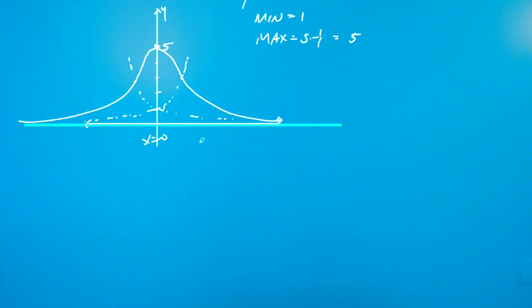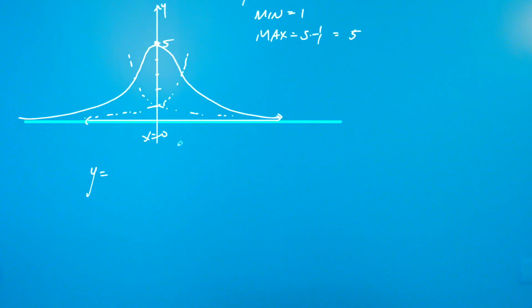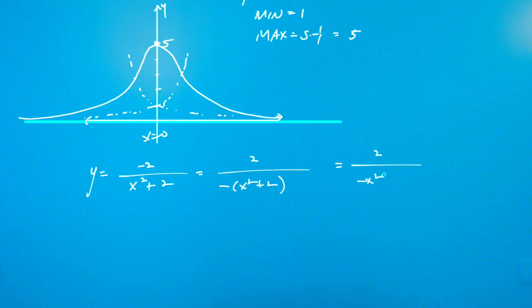Okay, let's do one more where we can make this upside down. A good way to think about this is to bring that negative below. So that is minus x squared minus 2. That looks like the following.